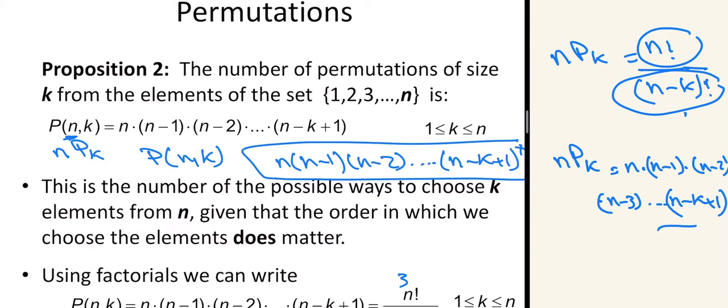Factorial of any fraction is also infinity. We cannot use it, so we have to avoid this. That's why you'll find here k is greater than or equal to 1 and less than or equal to n.